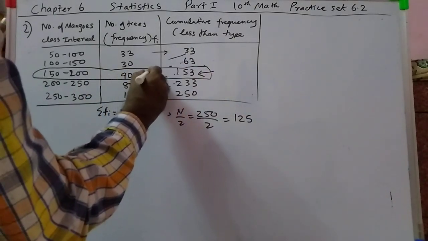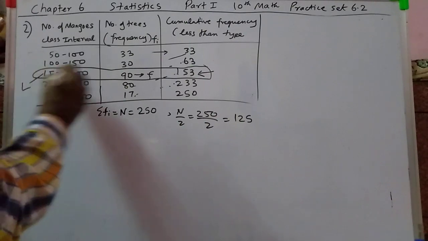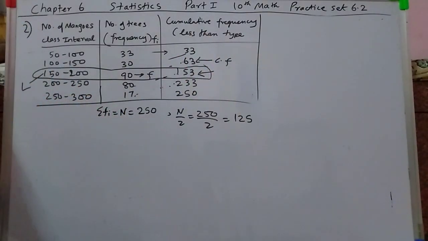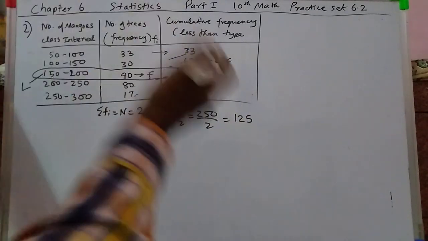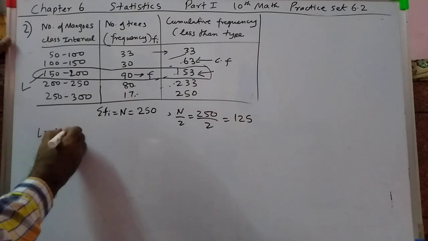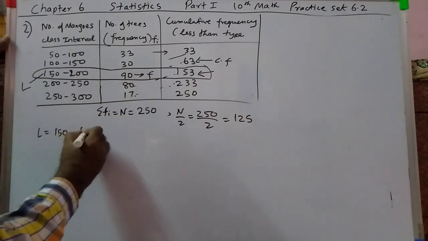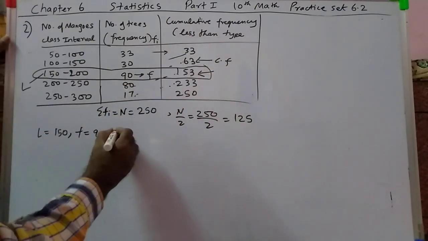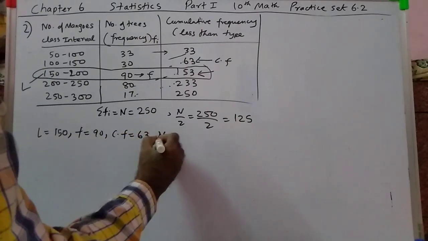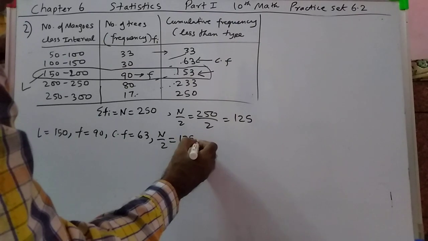So this is F. This is L. And the value just above it is the cumulative frequency. That value you have to write. So we have L is equal to 150, F is equal to 90, cumulative frequency is 63, and n by 2 is equal to 125.